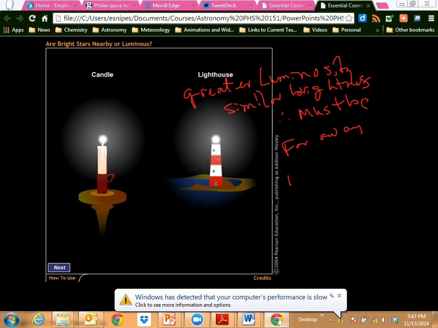It basically says how far away an object is, its distance, is equal to its luminosity divided by basically the square root of its brightness.